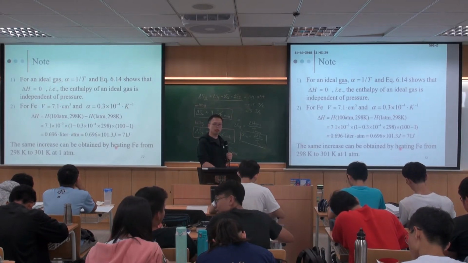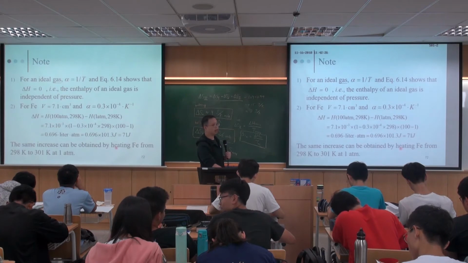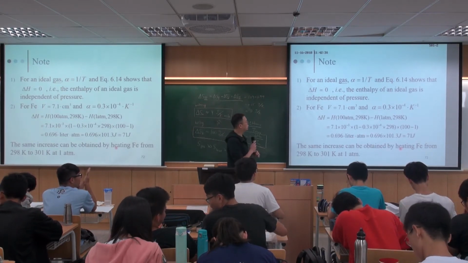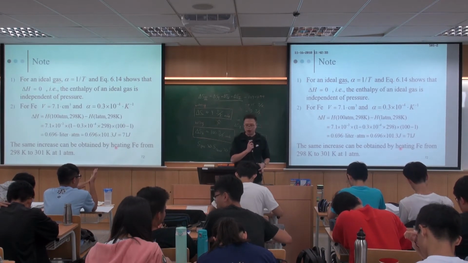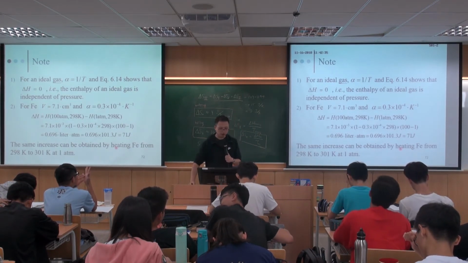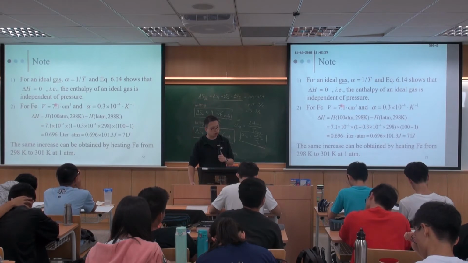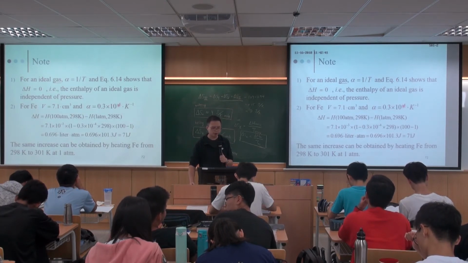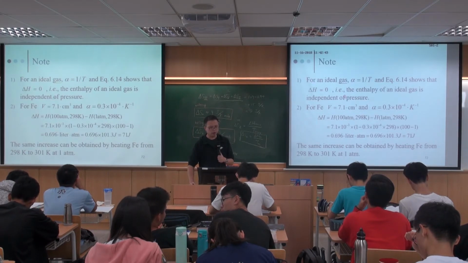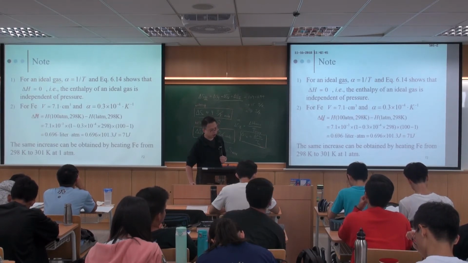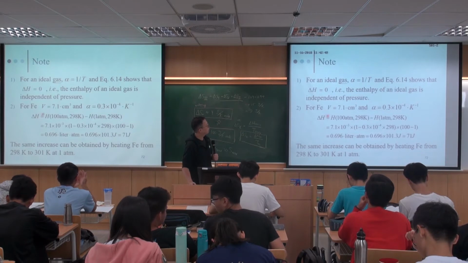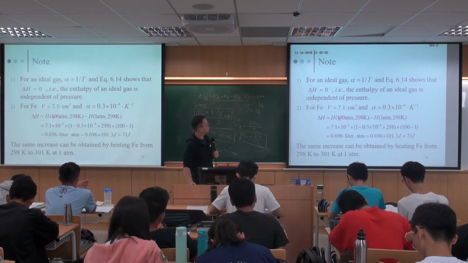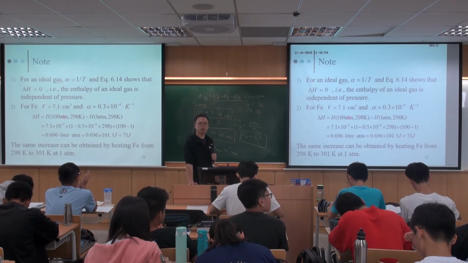But if you're dealing with solids, you typically will have a finite value of alpha. For instance, if you're dealing with iron, the molar volume is 7.1, and alpha is about 3 times 10 to the minus 5 per Kelvin. If you plug that in and try to calculate delta H, the example in the textbook shows that we change the pressure by 100 times.